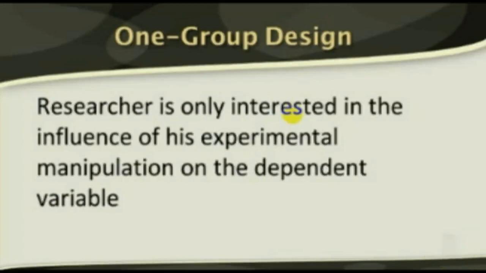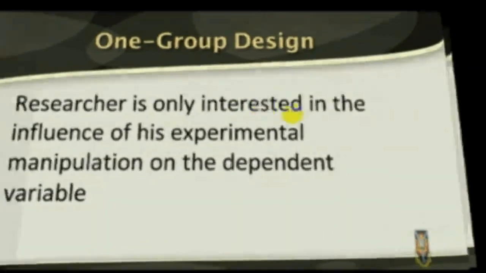In this type of design, there is minimal control in the design. Therefore, you cannot be too sure that the manipulation brought about the observed change. For example, influence of job satisfaction on performance among employees. You cannot be too sure that job satisfaction causes levels of performances among the employees.